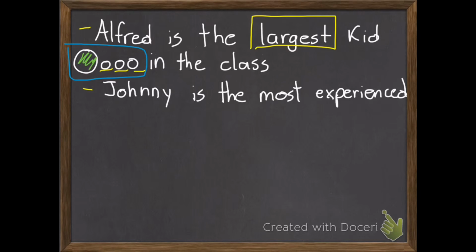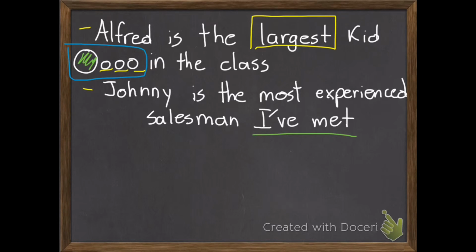Another example: Johnny is the most experienced one. We could be talking about kids in the class, but we could also be talking about a salesman. Johnny is the most experienced salesman I've met. Here I added this to help you notice that we normally use the present perfect tense.